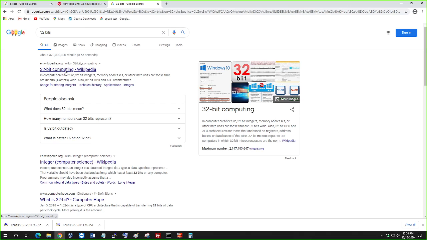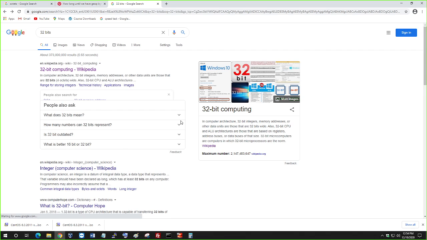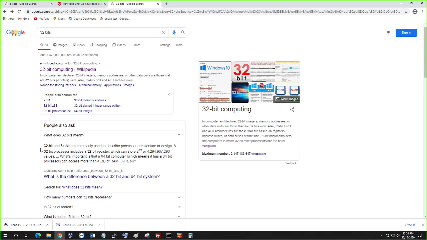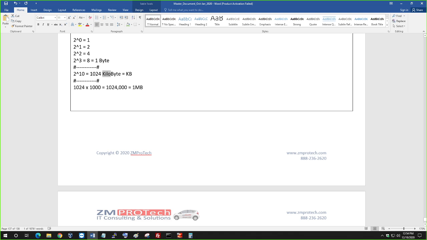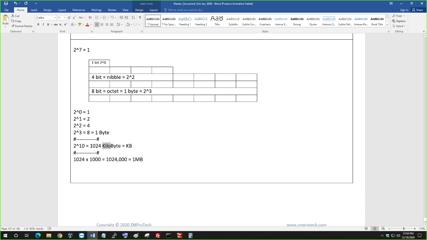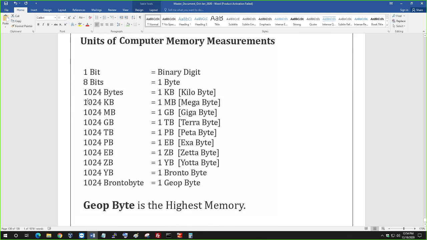So the 32-bit is... okay, that's a little confusing here. So all that is happening here is going to the multiples of 1000.